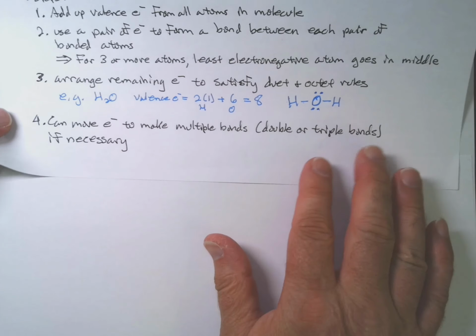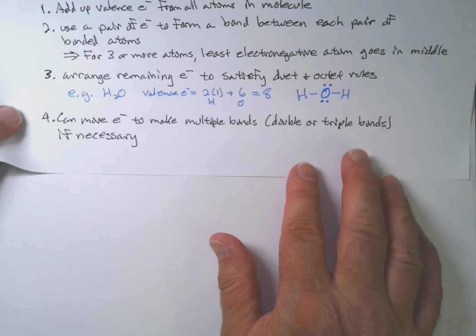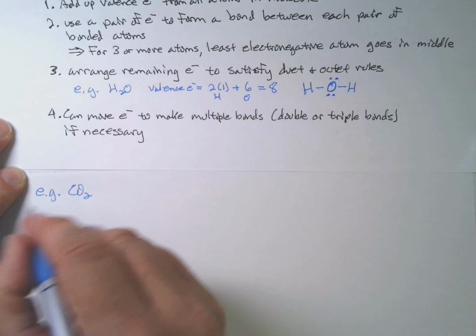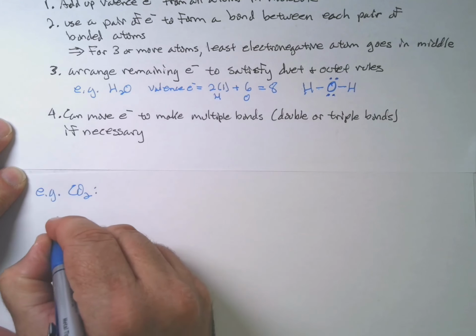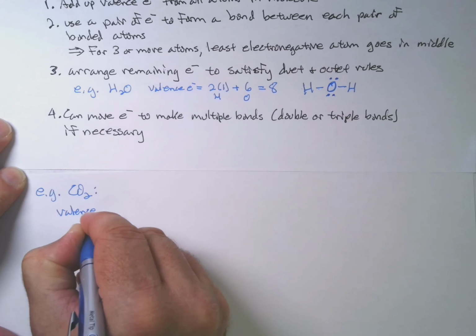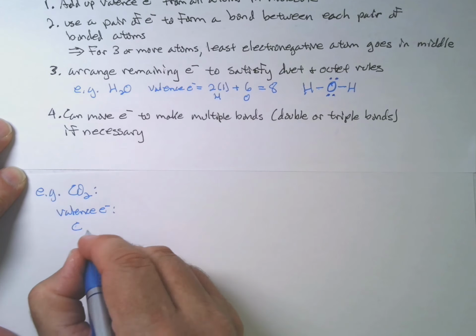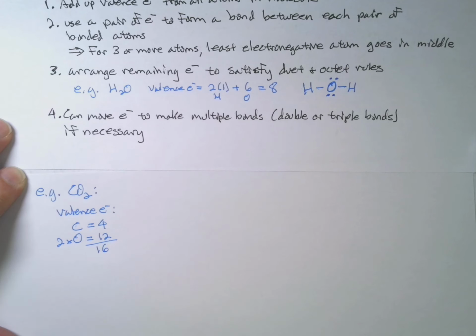So if I have CO2, my valence electrons, I have one carbon, so that's 4, and then I have 2 times oxygen, so that's 2 times 6 is 12, so it's a total of 16.